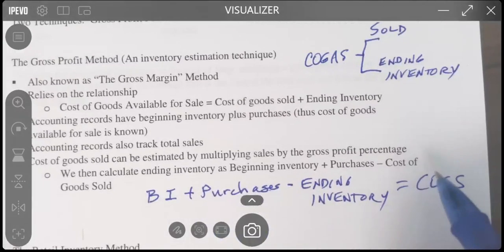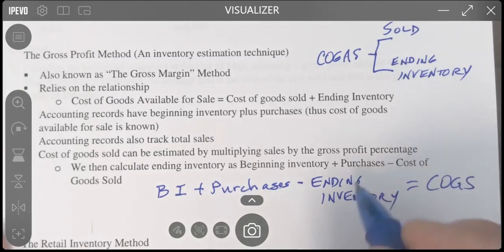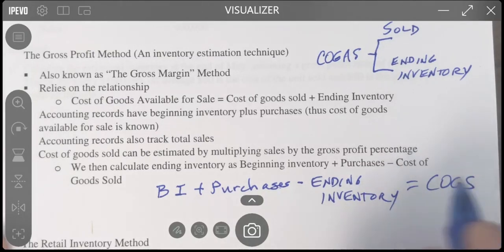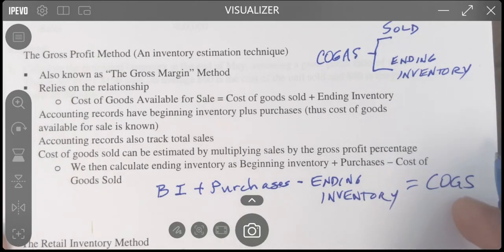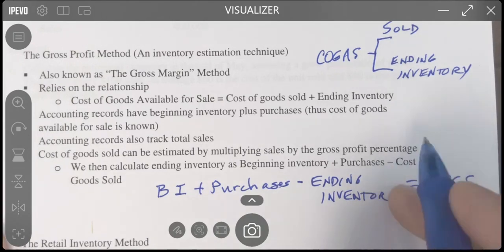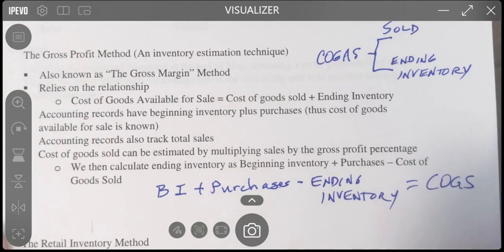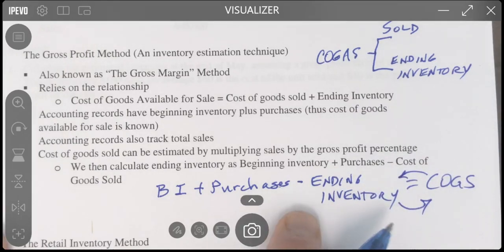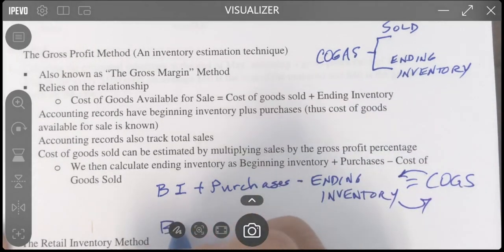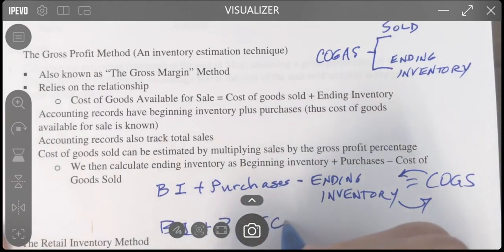So if we just do some algebra here, add ending inventory to both sides and subtract cost of goods sold from both sides, we're bringing cost of goods sold over here, ending inventory over there, and mathematically rearranging to say beginning inventory plus purchases minus cost of goods sold equals ending inventory.